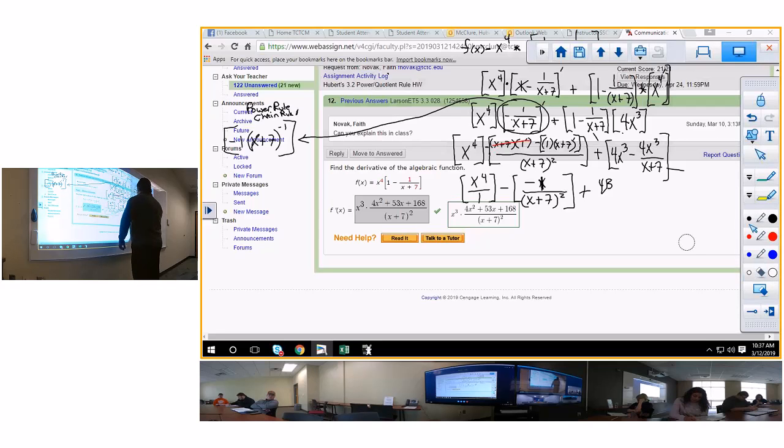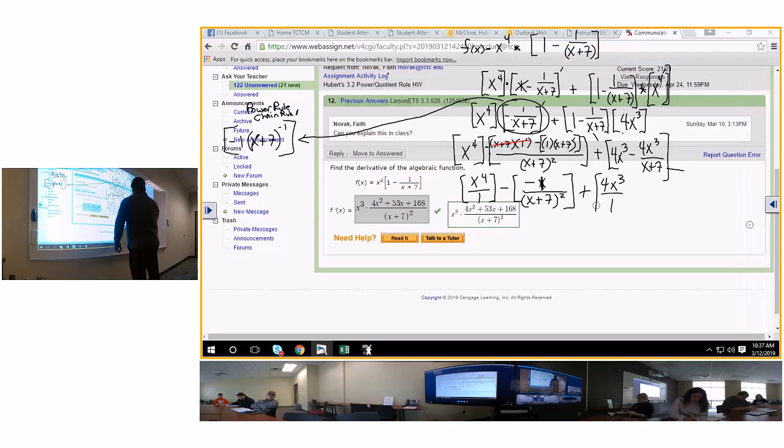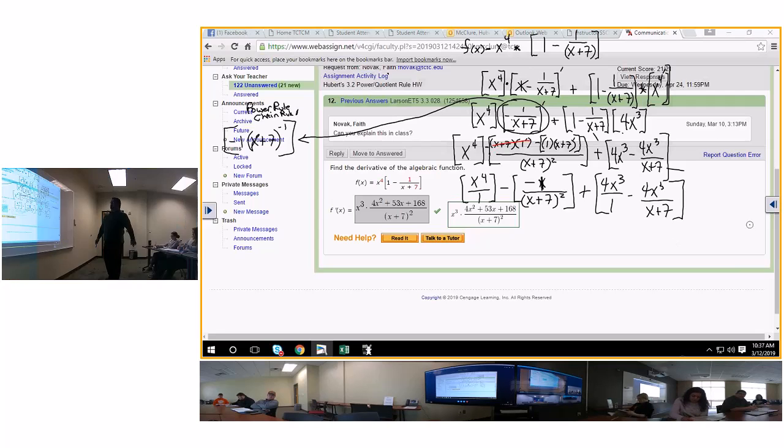this is a nasty problem, 4x to the third over 1 minus 4x to the third over x plus 7. And now we got to get a common denominator, which is going to be x plus 7 quantity what? Squared.